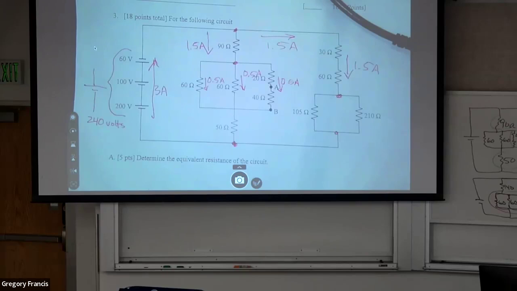But then I remember that these 2 paths are really just the easy path, the 105. And so when the 1.5 comes in, I'm going to get a half and a half is going to give me 1 amp. And over here, I would have the half amp. You see that the path that's twice as hard gets half as much current. Okay, is everyone okay with that? Check on your neighbor real quick.